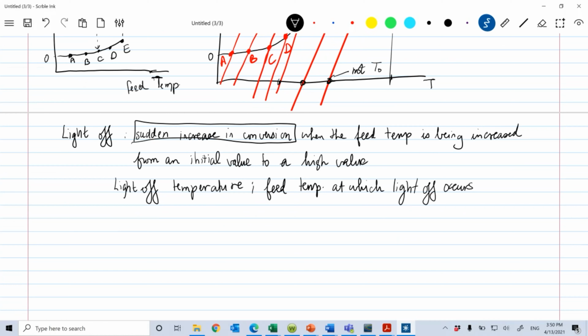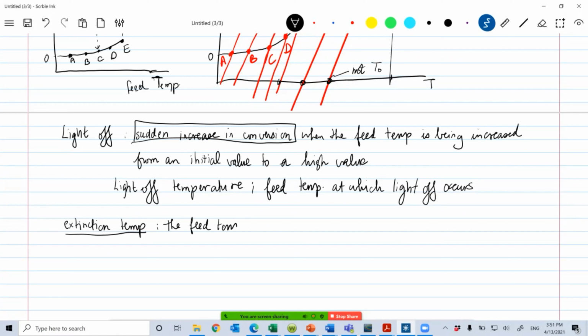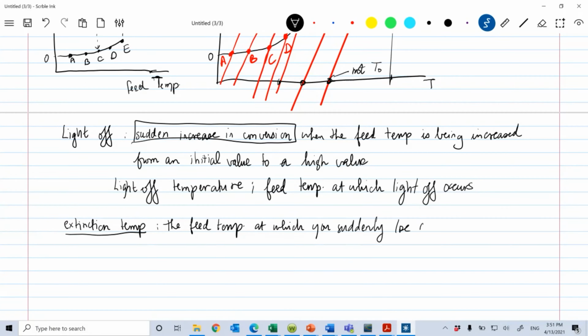Similarly, you also have the extinction temperature. The extinction temperature is once again the feed temperature, not the reactor temperature, at which you suddenly lose conversion. It has some similarity to the blowout process.